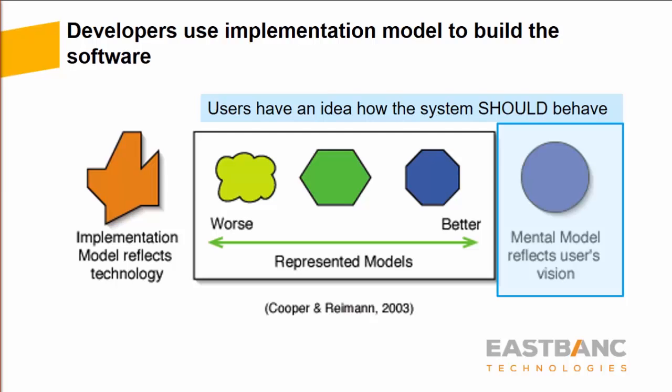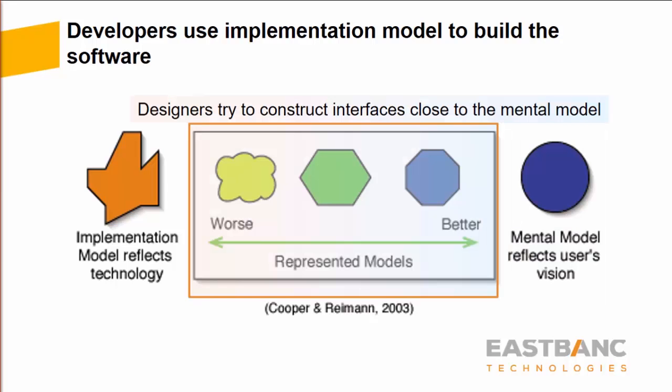What designers usually do is try to come up with a represented model that closely matches the mental model. The closer the match between the represented model and the mental model, the more successful the design is, and it's intuitive for the target users.